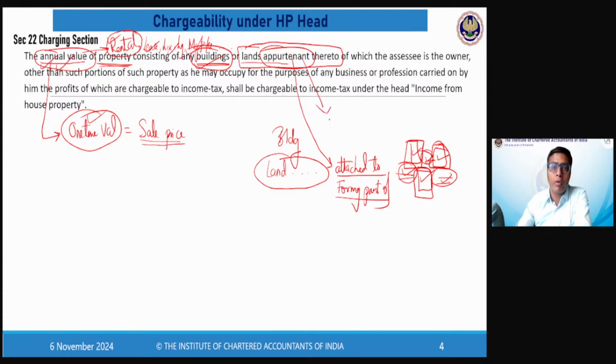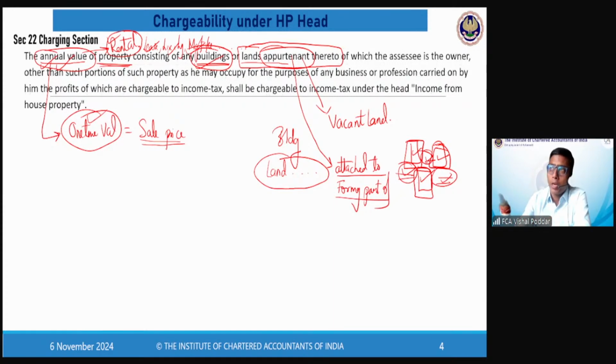What will not be covered is rental income of vacant land. So when you have open space, only land, no buildings, it is called vacant land. Now we have so many examples, like in our Gujarat, in our Delhi, the Ram Leela Maidan. In our Gujarat, we have so many open spaces where Garba and Dandiya programs are organized.